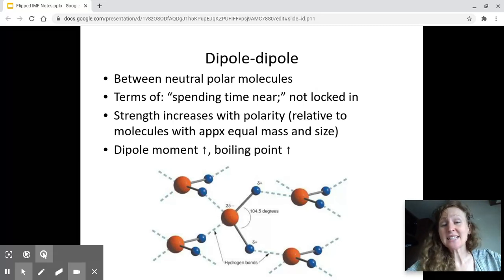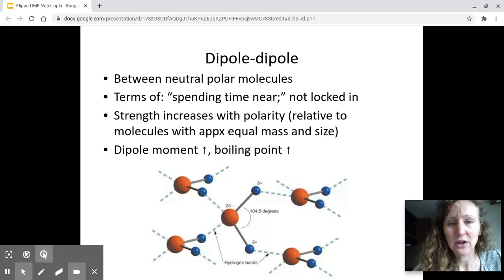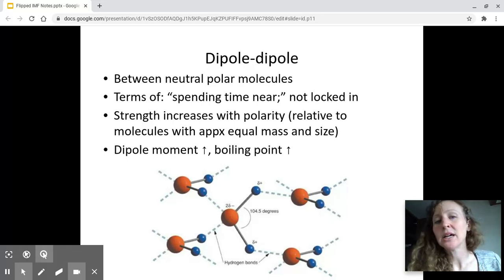Now, there is a dipole-dipole force that is exceptional, and it's so exceptional that we actually have another name for it, and that's called hydrogen bonding. So I want to talk about hydrogen bonding a little bit today. It's easy to get stuck in the muck and the mire of hydrogen bonding and lose sight of the big picture.